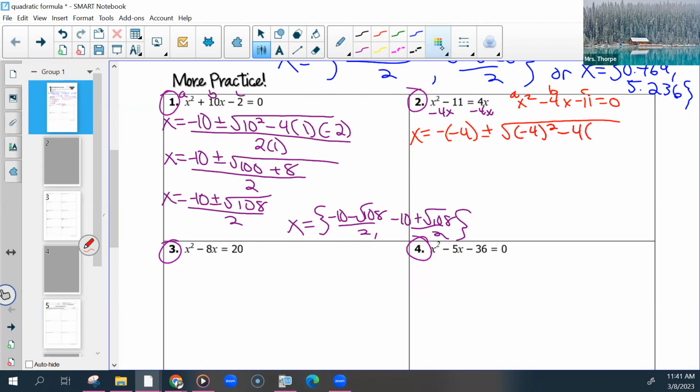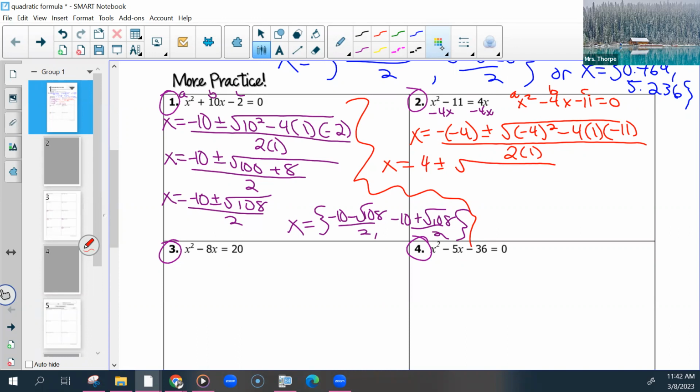Minus 4 times a, which is 1, times c, all over 2a. And then we can start to simplify. So this would become a +4 plus or minus the square root of, this would give us a +16, this would give us a +44.